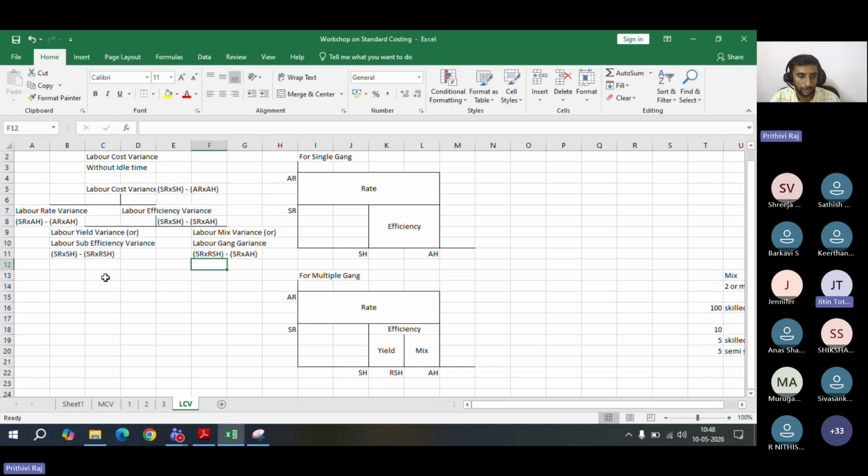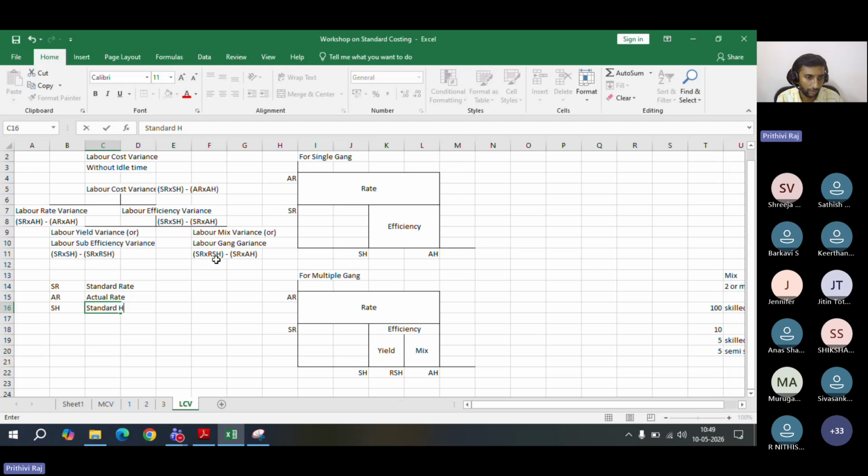Now let's see the terminologies. SR is standard rate. AR is actual rate.